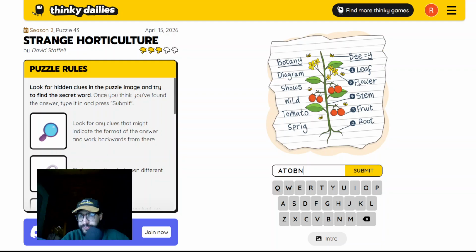I'm trying to see if we can write any of these words with this system. So B is Y. Okay, let's do it like this. Let's start with leaf, then flower, then stem, then fruit, and then root.